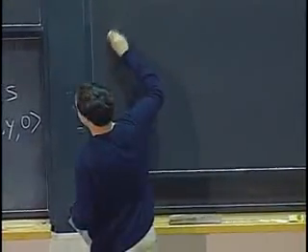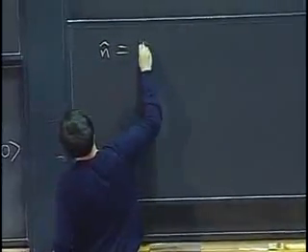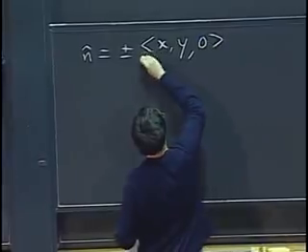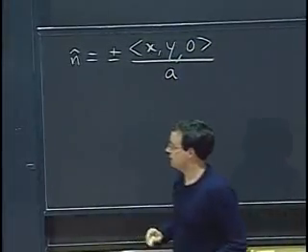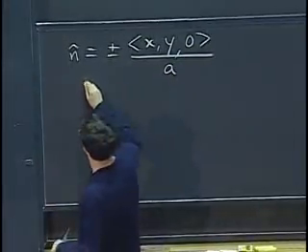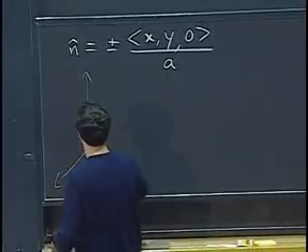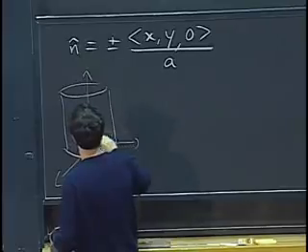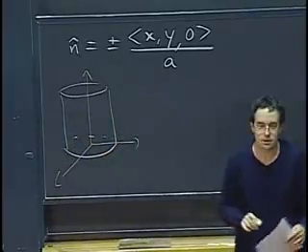Okay. So we said on our cylinder, the normal vector is plus or minus x, y, 0 over a. What about the surface element? Before we ask that, maybe we should first figure out what coordinates we are going to use to locate ourselves on a cylinder.